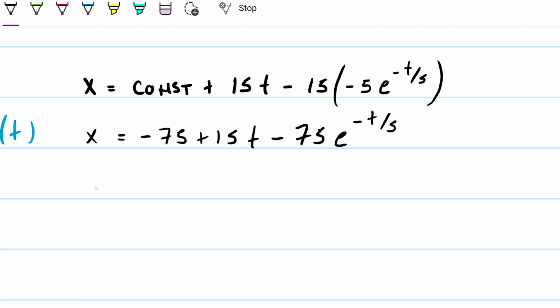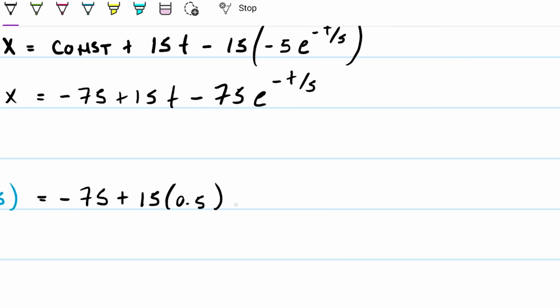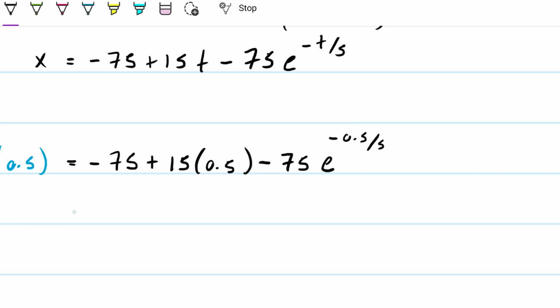But the important thing here is, what is the position at 0.5? The position at 0.5 will be minus 75 plus 15 times 0.5, so 7.5 there, minus 75 times e to the minus 0.5 divided by 5.